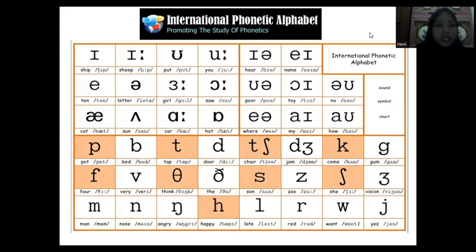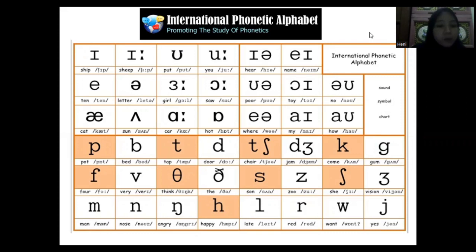First, the sound in sheep includes front vowels, for example, sheep. Next, the sound in ten, front vowel, for example, ten. Next, the sound in cat, front vowel, for example, cat.